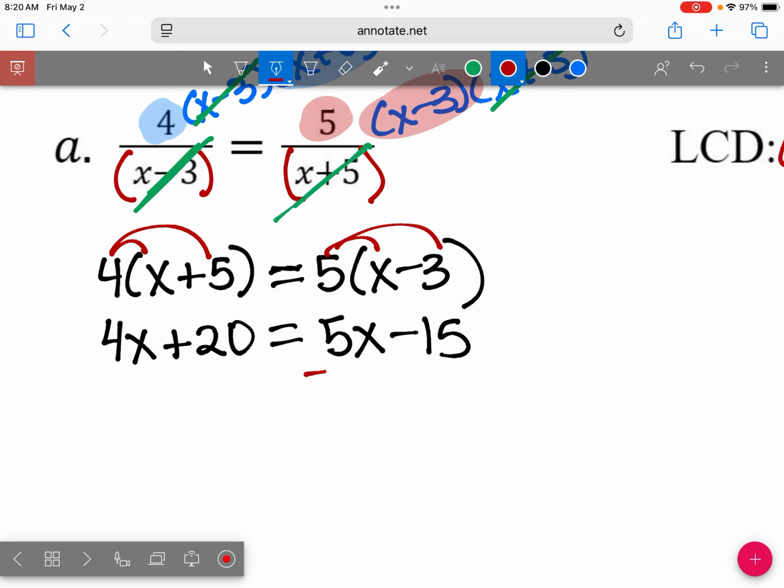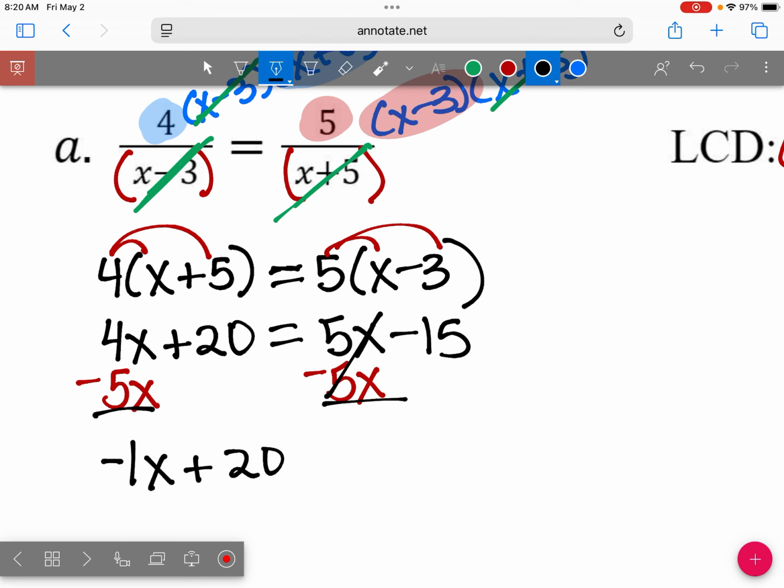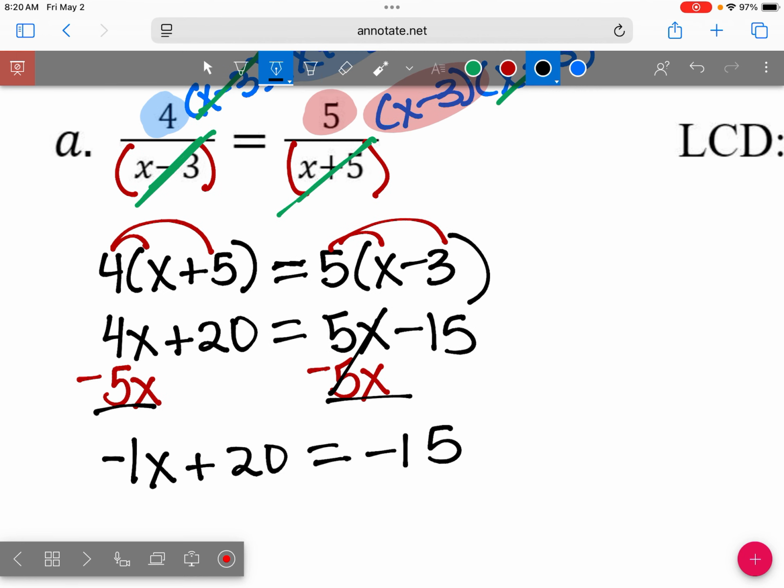I'm going to subtract 5x from both sides because we have to get all our x's on the left. And then I'm going to subtract that 20 from both sides.